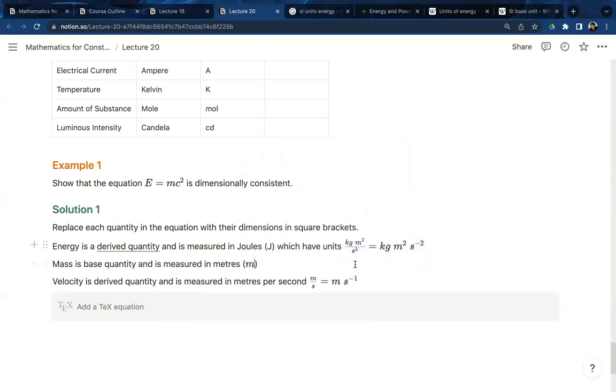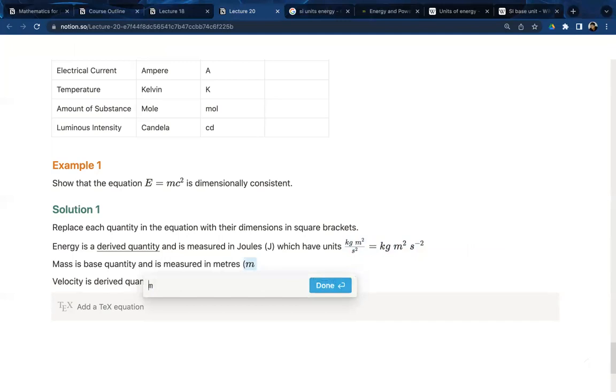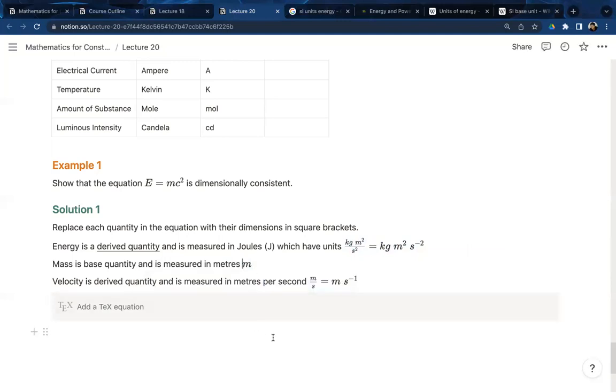So M is the mass, and velocity is meters per second. Now, how are we going to write this as an equation?